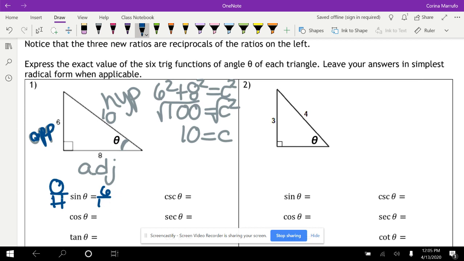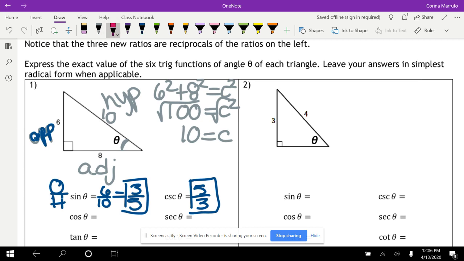Now this fraction we can reduce. We can divide both by 2, so it'll end up being 3 over 5. And so your cosecant is the reciprocal function for sine. So instead of being 3 over 5, it becomes 5 over 3. And that's it.